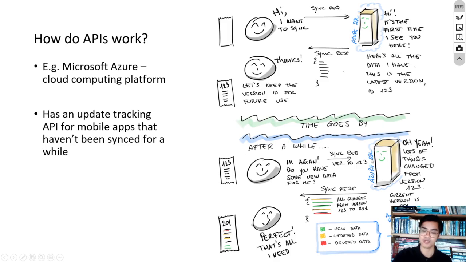So it just sends it to the server and it recognizes the changes, the instance that this version ID 123 has, and so it provides all of the updated things to the mobile app. Okay, and also has a new version number. So that interaction is made possible by this update tracking API that Microsoft Azure has.